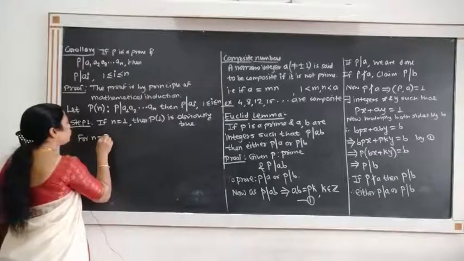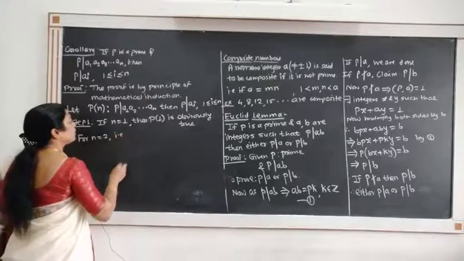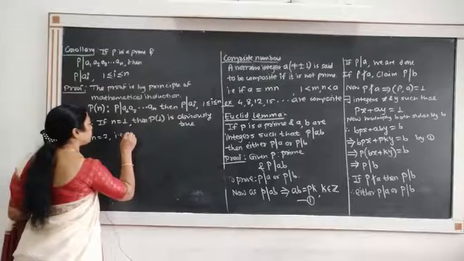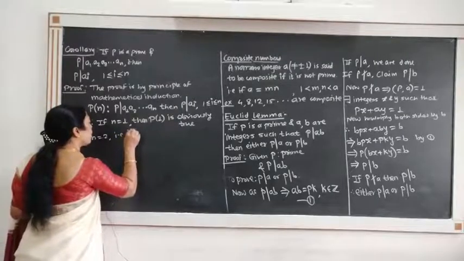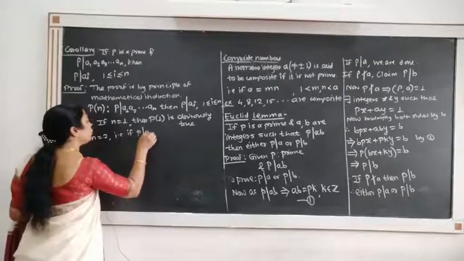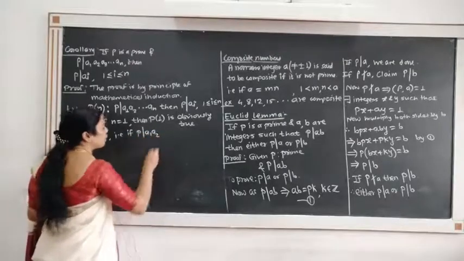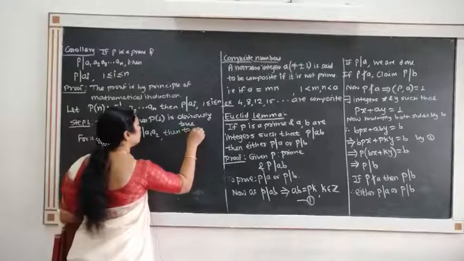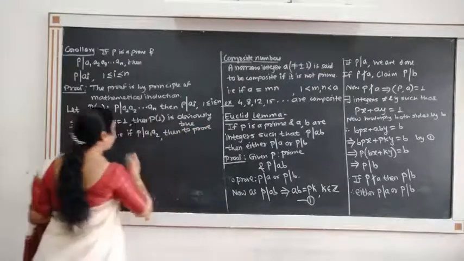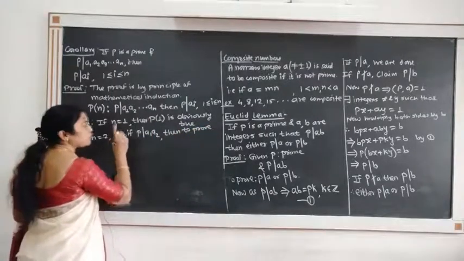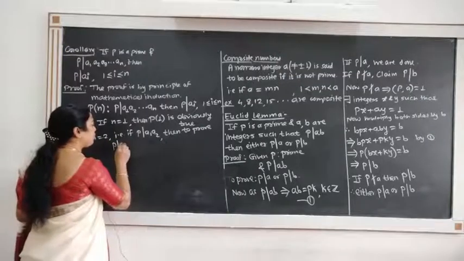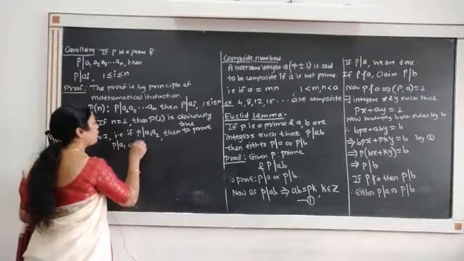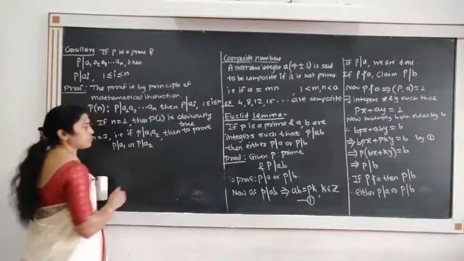For n equal to 2, if P divides A1, A2, then we want to prove P divides at least one of them, that is, either P divides A1 or P divides A2. We want to prove this.